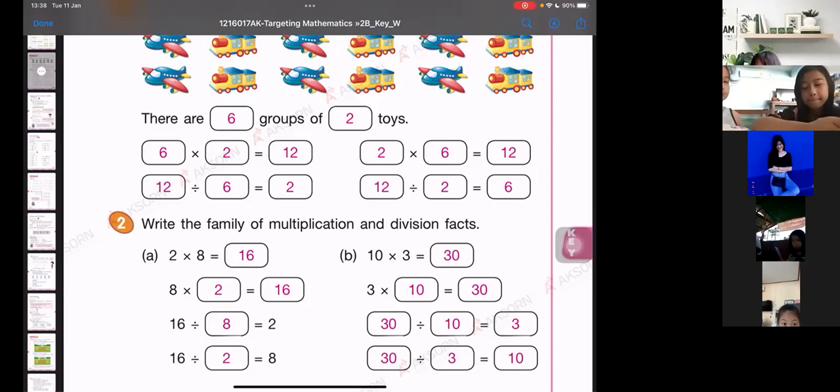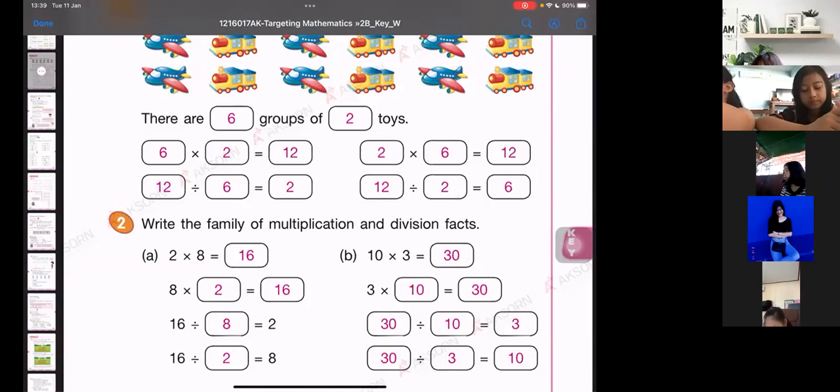Now 10 times blank is how many? 10 times 7 equals 70. Very good. Now 70 is the total, right? 70 is the total. So you're going to put 70.